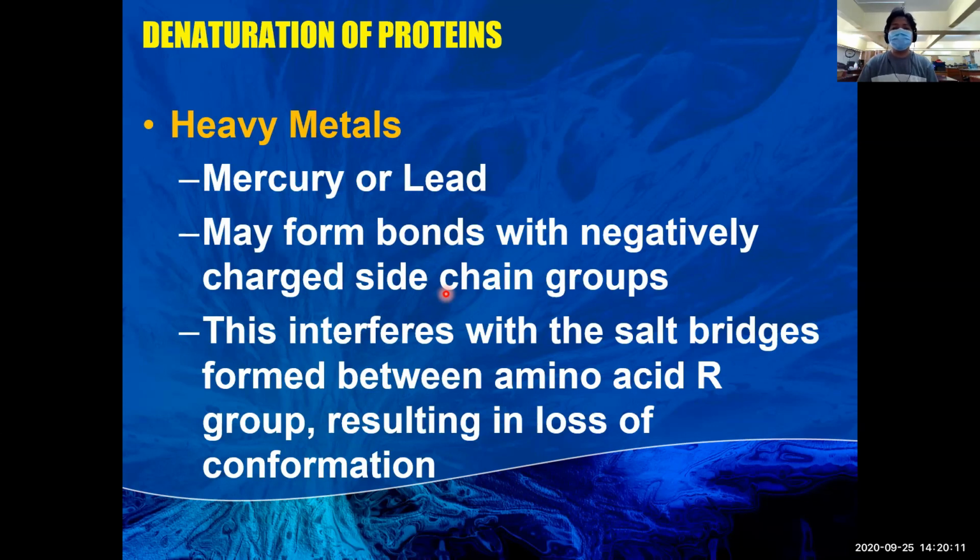So here, the exposed side chains can be bonded with a heavy metal, and when the heavy metal bonds there, their shape changes. That will cause the denaturation of proteins, for example.